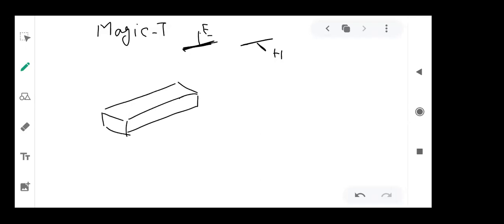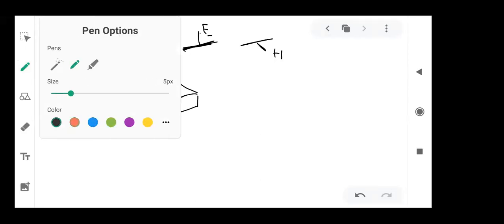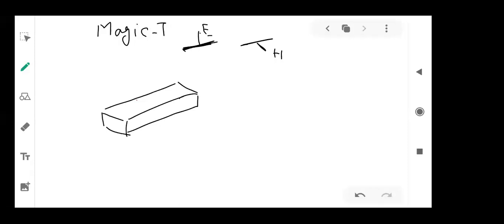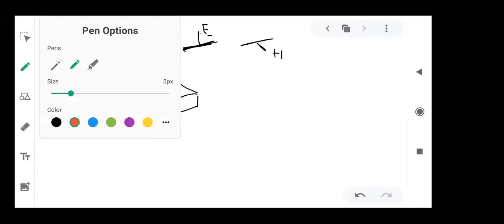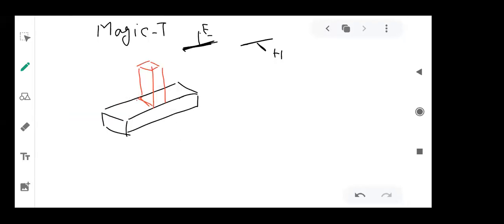Now for the E arm, an additional port you have to create by adding an additional waveguide. So it's like this. And here it's the H arm.